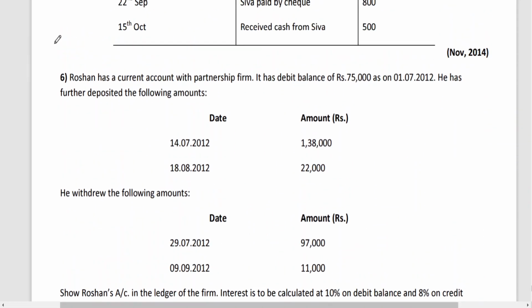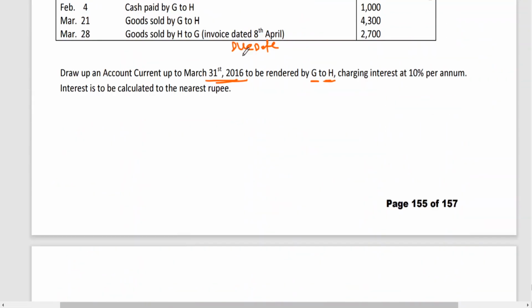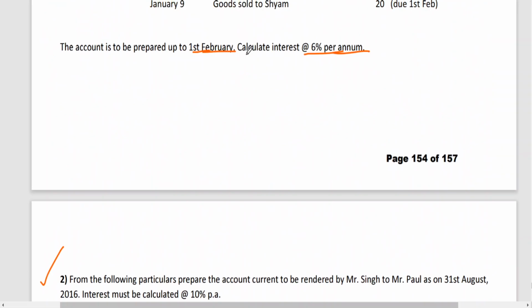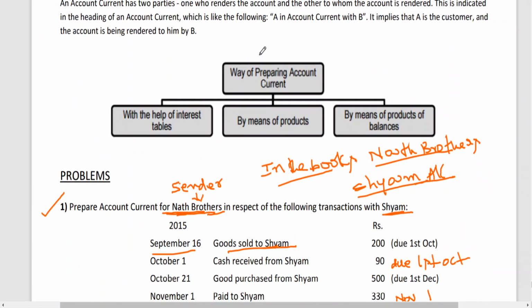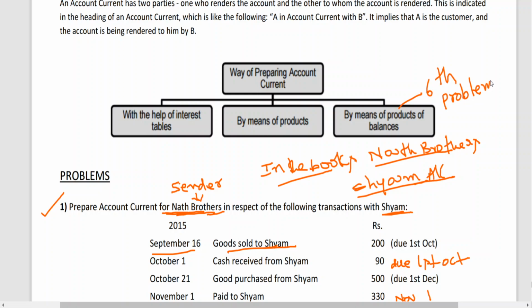This is nothing but Roshan has a current account. This we have learned in the beginning, no? By means of product balance. The sixth problem is for the exam. All problems we are working out by means of product.